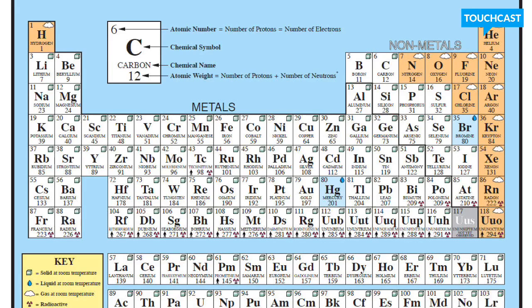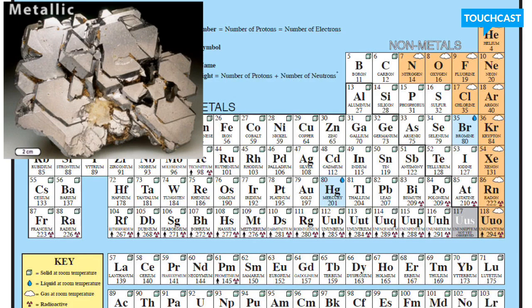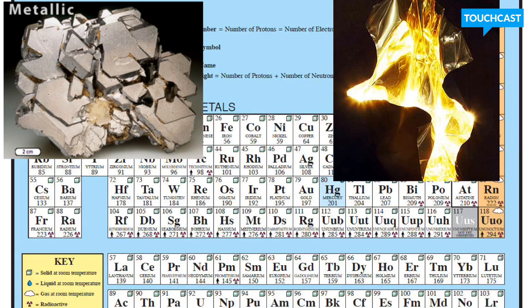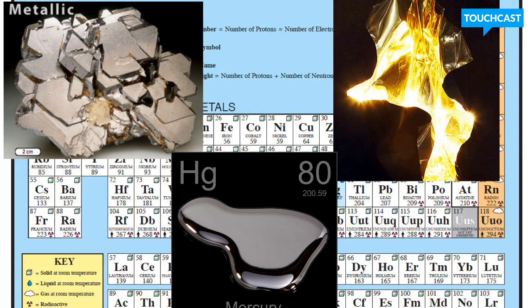The third property that makes a metal is that it has luster. Luster is fancy for the word shine. As you can tell from all of these samples, metals are shiny.